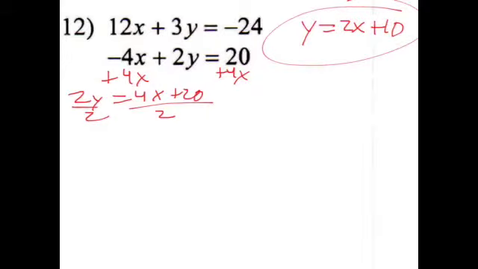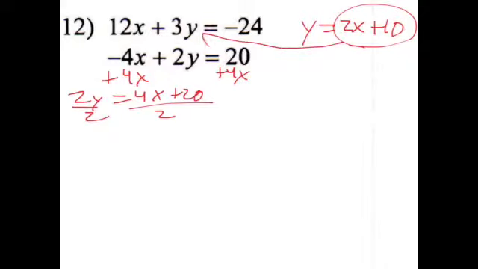So this is my other equation. I know that y is 2x plus 10, so I can substitute that into my other equation to get 12x plus 3 times (2x plus 10). And that's going to equal -24.